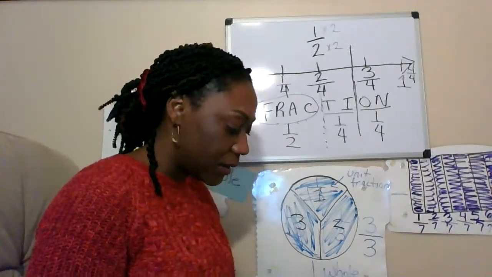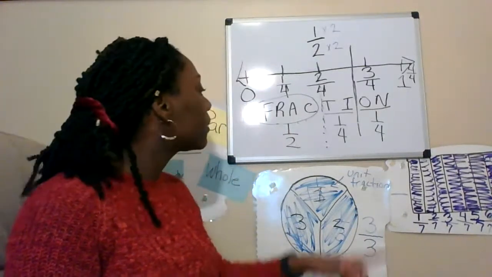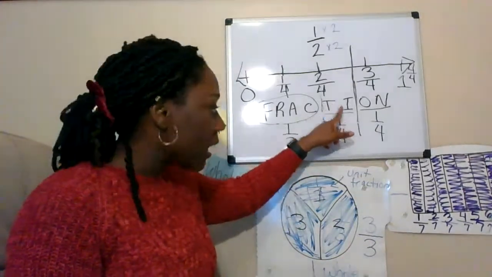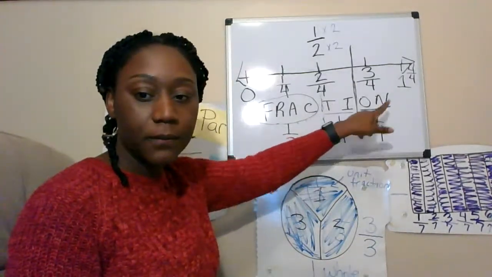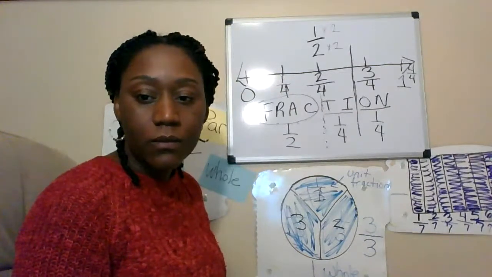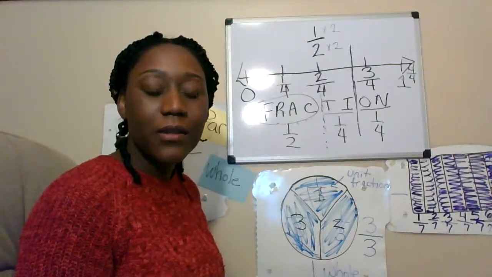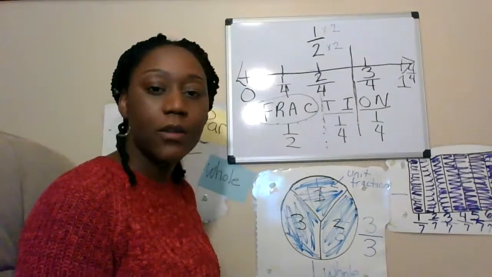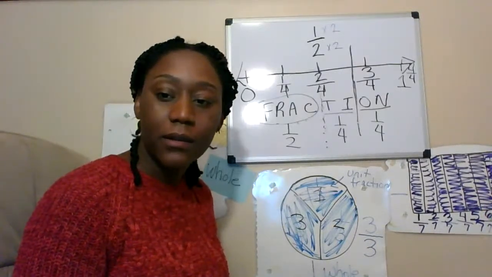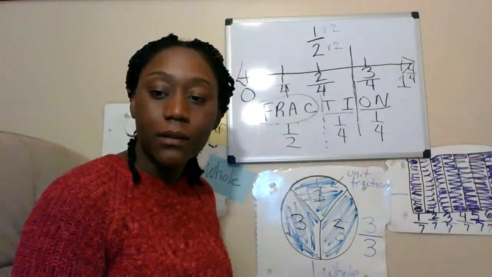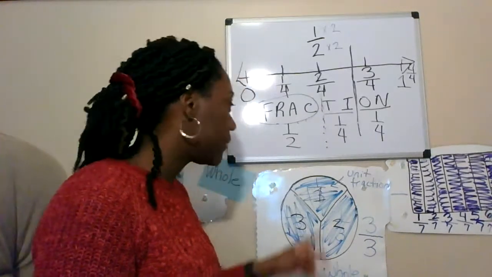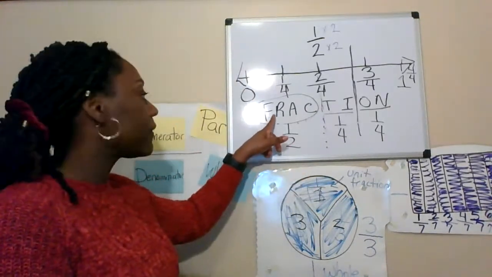And then what would be red? 1/4 would be red and 1/4 would be green. Do you not have colors to color? If you don't have colors to color it, then you can label the color that it should be.